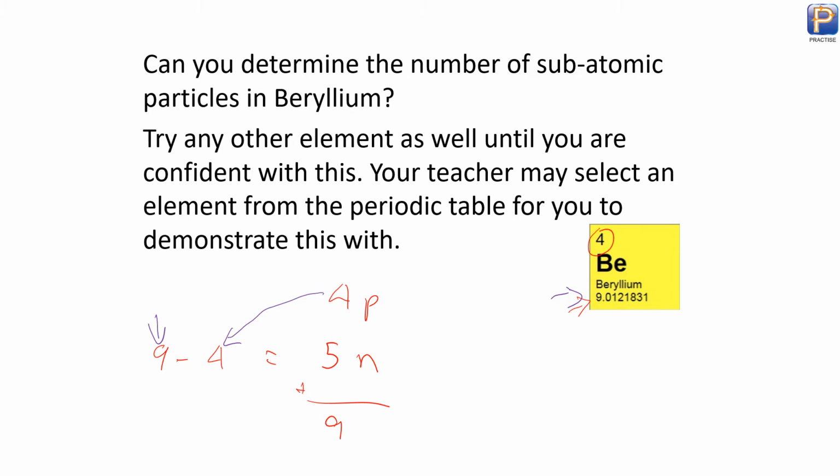Now, you can see that it's slightly over 9 because there are some decimal places there. So some atoms must have more neutrons, so they must have 6 neutrons. There's a few in there that have 6, most of them have 5 neutrons. Okay?